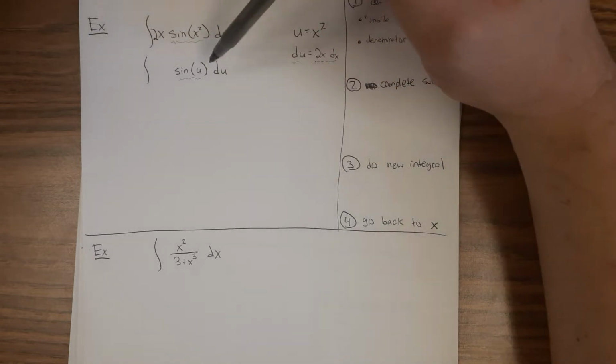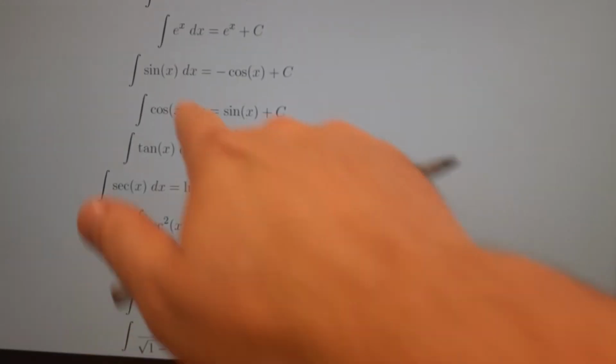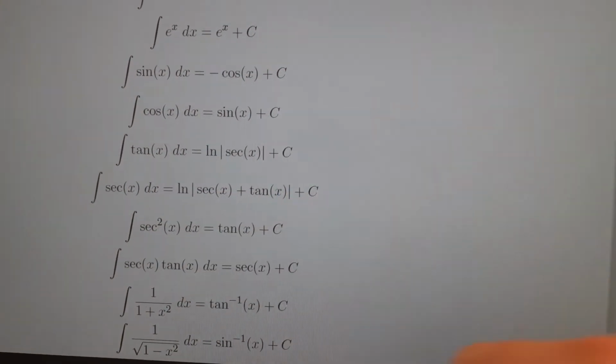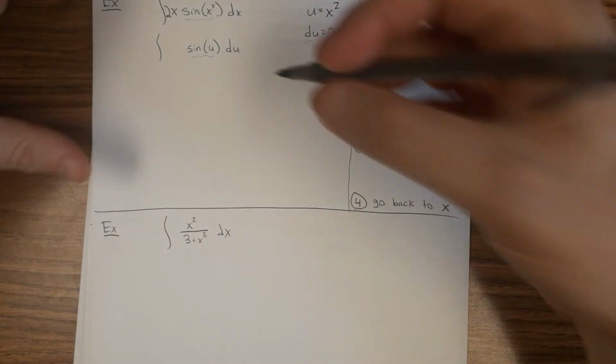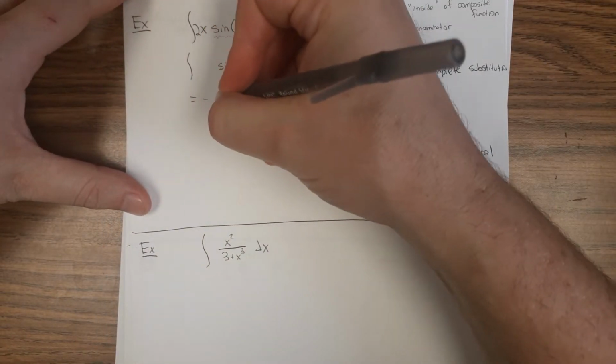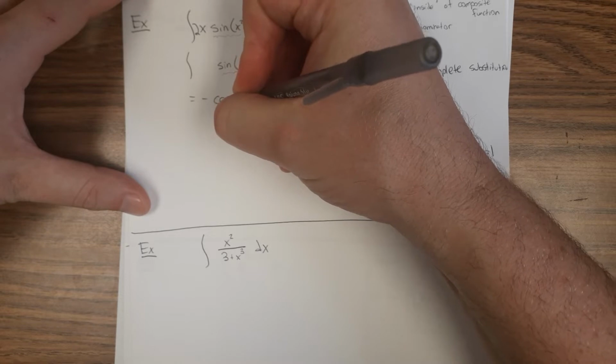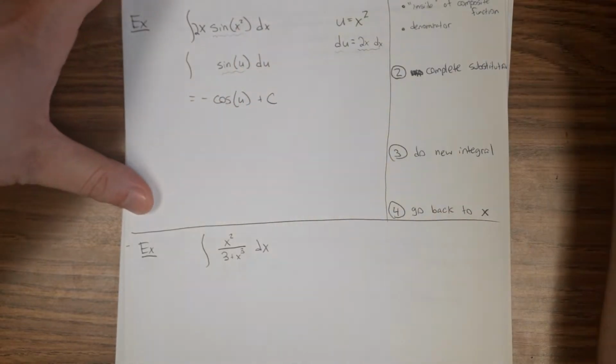In this case, we are. In fact, it's on our list. The antiderivative of sine is negative cosine. So this is negative cosine u plus c.